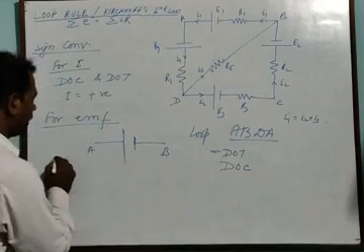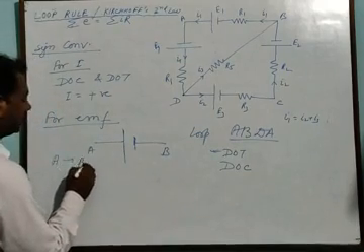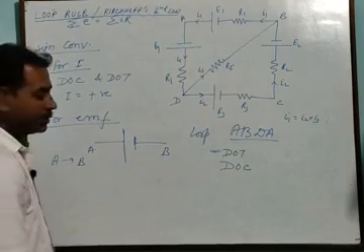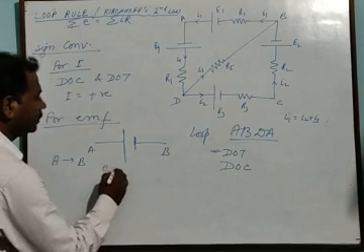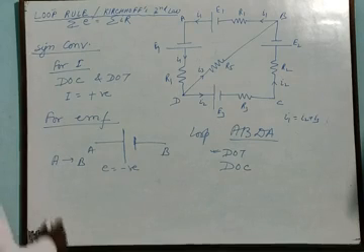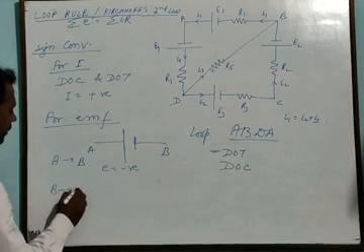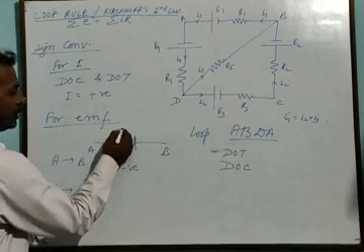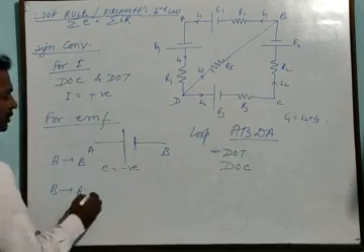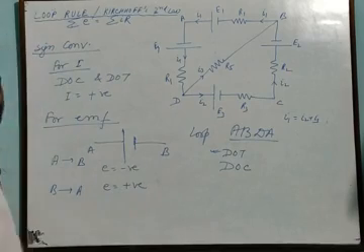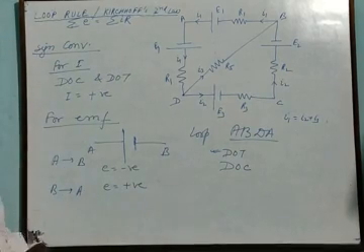If you are moving from A to B, you are leaving the negative terminal at the last, so EMF will be negative. If you are moving from B to A, you are leaving last the positive terminal. That means EMF will be positive.